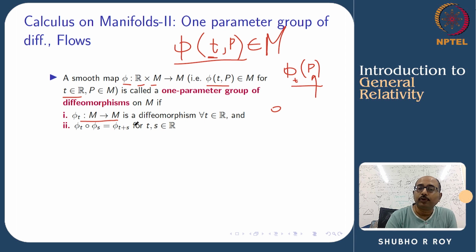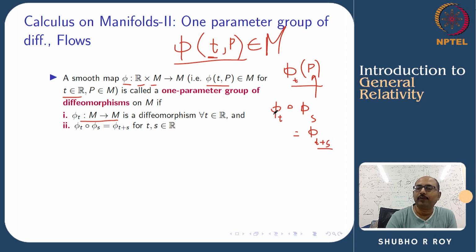If this is a diffeomorphism, and this map phi sub t for two different values of this real parameter has a composition like this: phi t composed with phi s is the same as phi sub t plus s. So clearly the order of t and s, the order of composition, doesn't matter because addition of two real numbers is commutative.